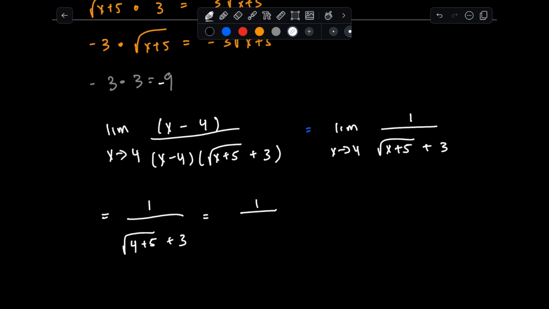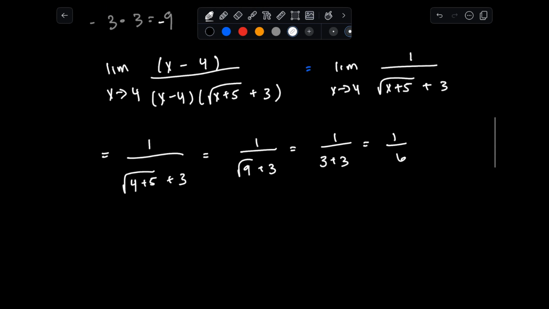Evaluating this further, you'll have 1 over the square root of 4 plus 5, which is just 9, the square root of 9, plus 3. And then we'll have 1 over the square root of 9 is just 3, plus 3, and you'll get 1 over 6 once you add those 3's together.